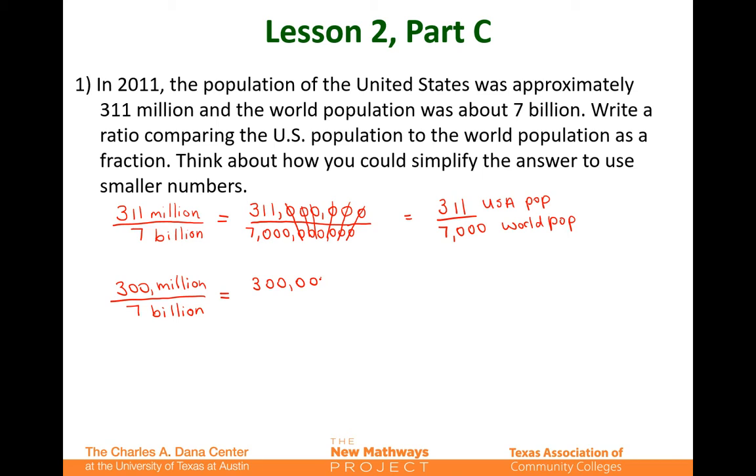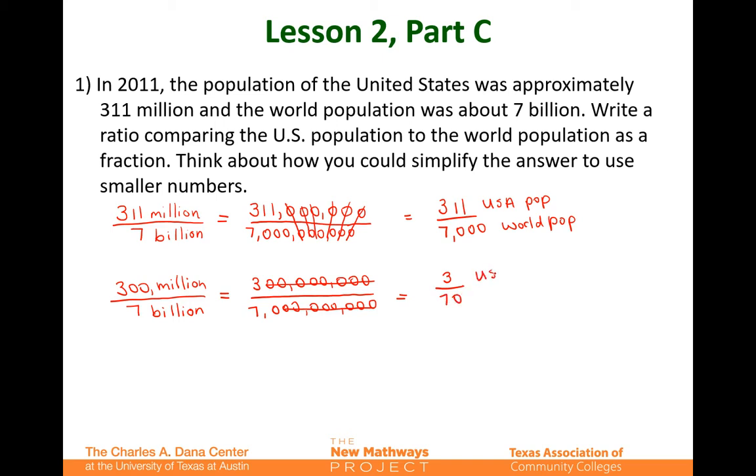So there's 300 million, and then 7 billion. Again, we have 1, 2, 3, 4, 5, 6, 7, 8 zeros here. We can take off 8 zeros from both. So we can make an even smaller ratio, saying it's about 3 to 70.